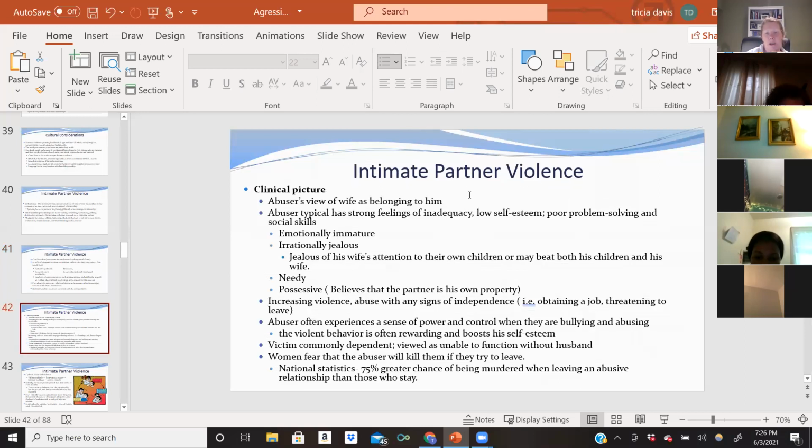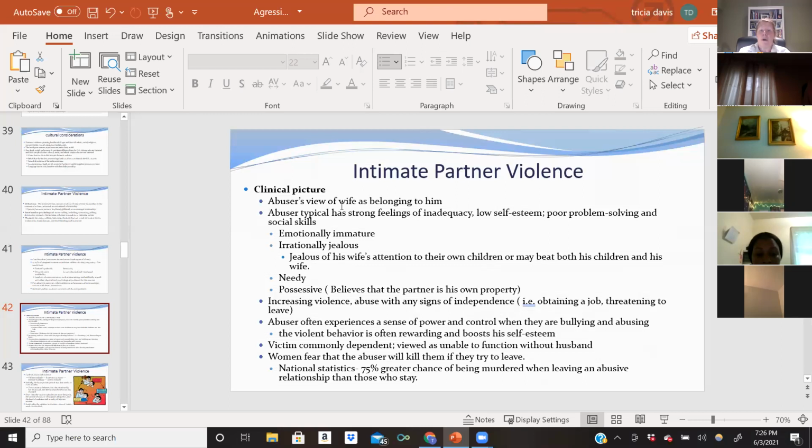So when we paint that clinical picture of what partner violence looks like, the abuser's view of the wife is that she belongs to them. It's his property. They own that person. The abuser typically has strong feelings of inadequacy. They don't have self-esteem. They don't have good problem-solving skills or good social skills.